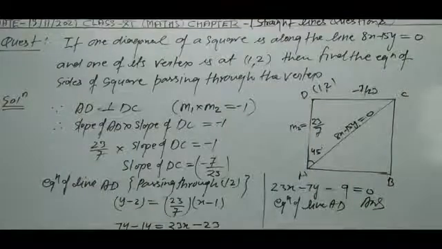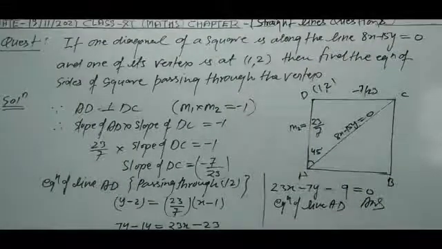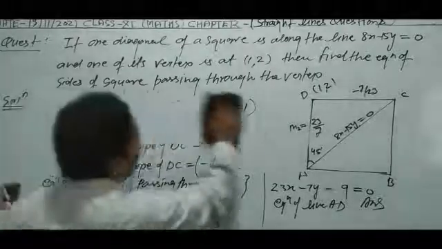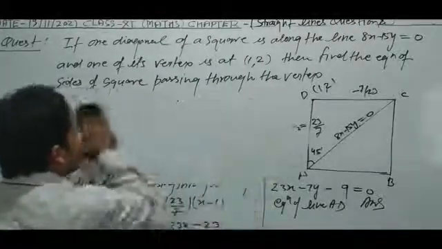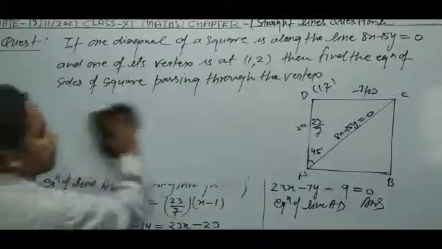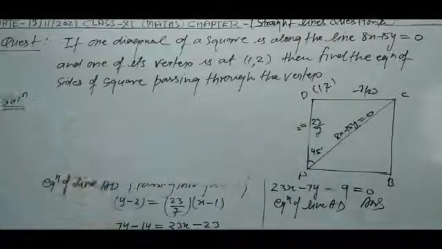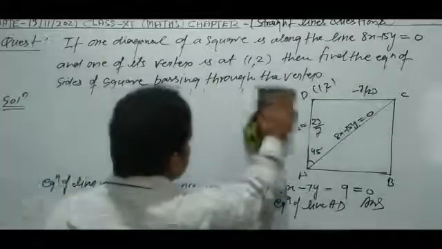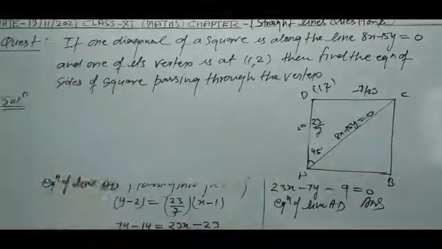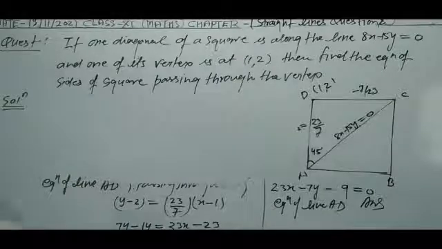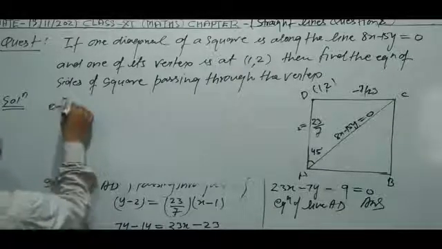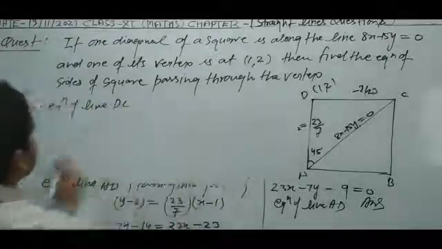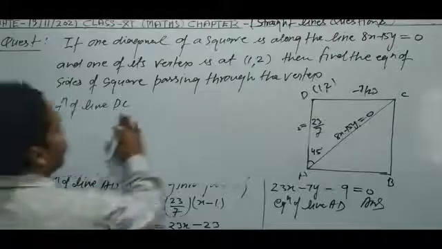So line DC equation will be, see, equation of line DC. DC line is also passing through point (1, 2).